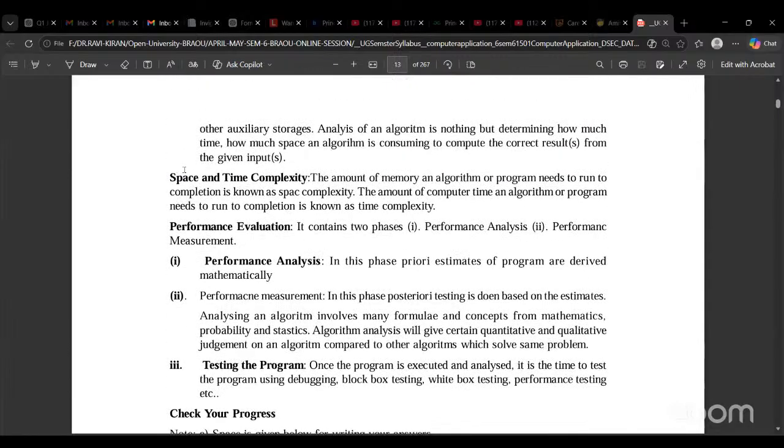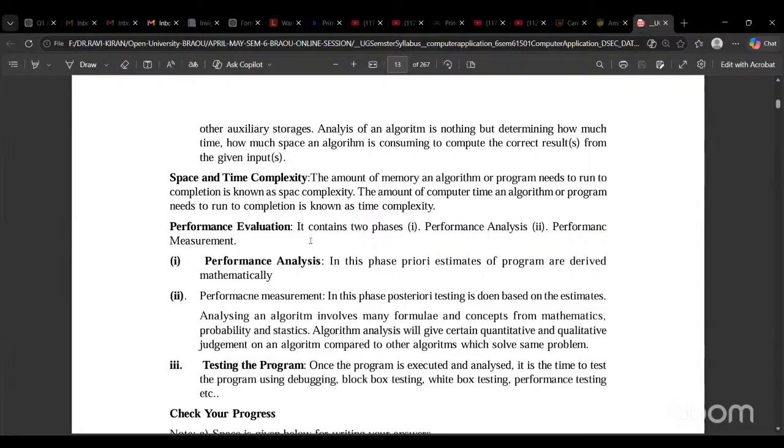Now, space and time complexity. So, what is space and time complexity? The amount of memory an algorithm or program needs to run to completion is known as space complexity. And how much time an algorithm needs to run to complete a task is called time complexity.